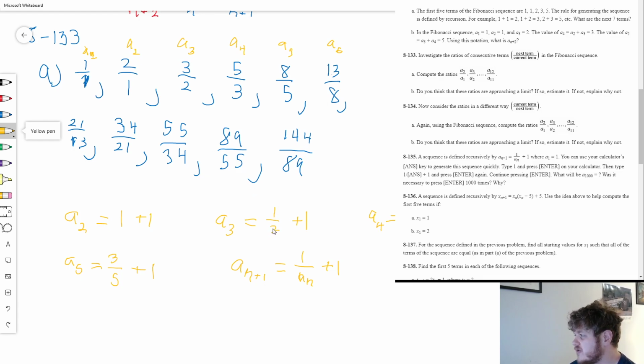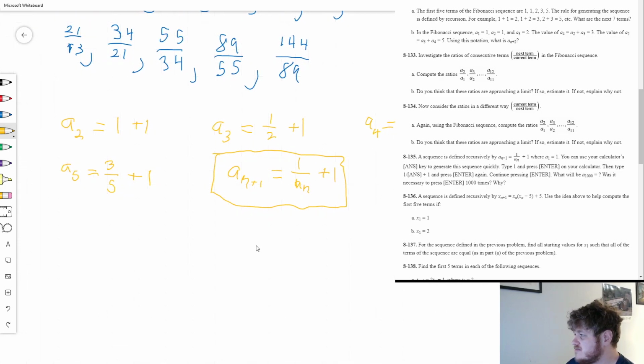So we have 1 over 2. And then we have A sub 3 over here as 3/2. If we flip that over, we have 2/3. So in my mind, this is a pretty accurate way for us to find a value.